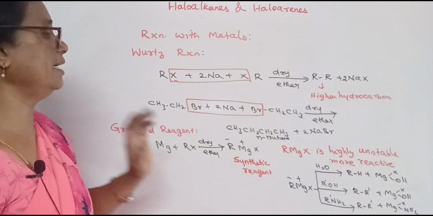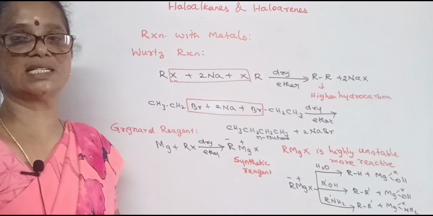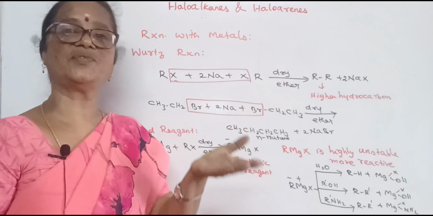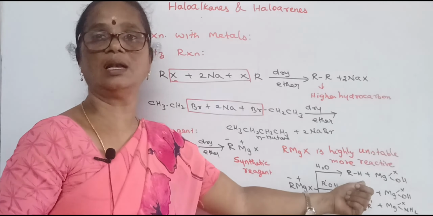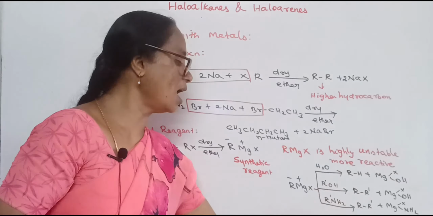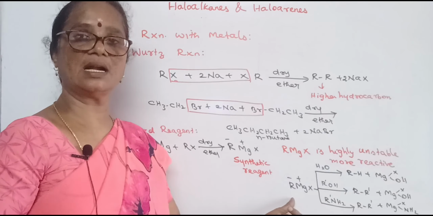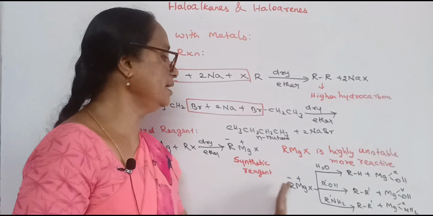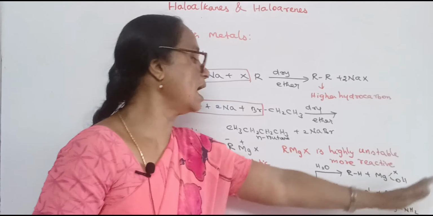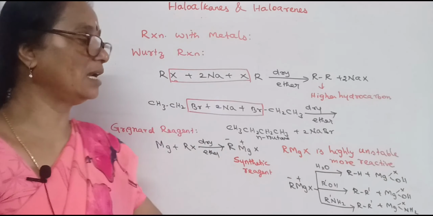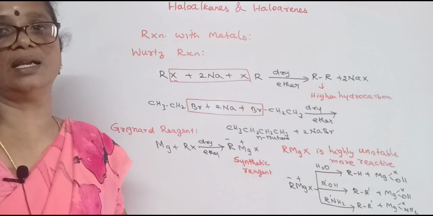The Grignard reagent is highly unstable and hence more reactive. Even traces of water, alcohol or amines, if present with the Grignard reagent, convert it into the corresponding alkanes, forming hydroxyl-substituted or amine-substituted magnesium halide.